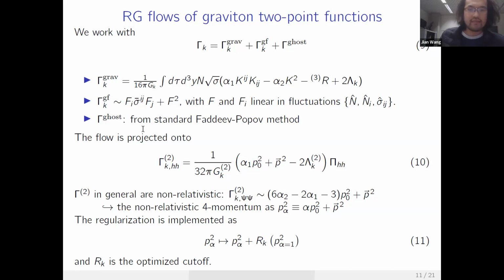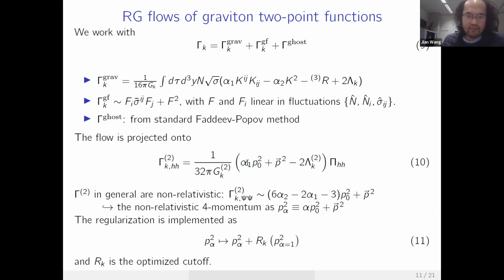In this talk, we will project the flow onto the 2-point function of the transverse traceless components of the spatial metric fluctuation. The 2-point function can be given in this way.